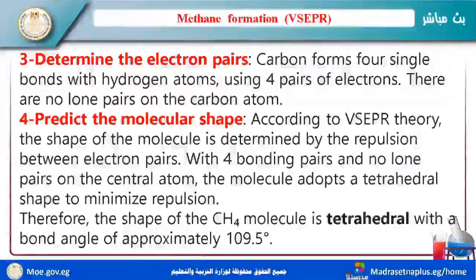Each pair is a bond pair. With 4 bonding pairs and no lone pairs on the central atom, the molecule adopts a tetrahedral shape to minimize the repulsion force between them, between the angles. Therefore, the shape of the CH4 molecule is tetrahedral, with an angle of approximately 109.5.